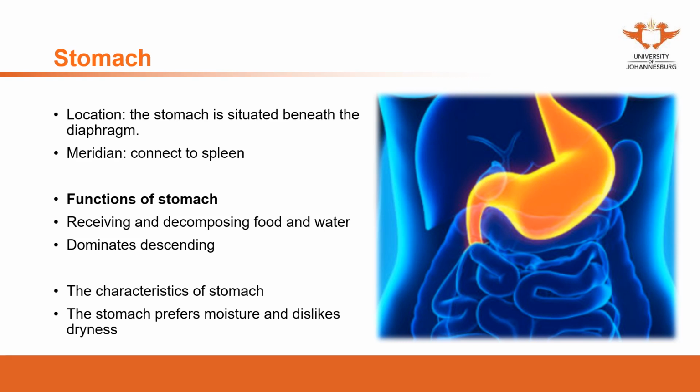So this is exactly opposite. The stomach prefers moisture and dislikes dryness. So this is also a balance between the spleen and stomach. Dryness and dampness need to be balanced.